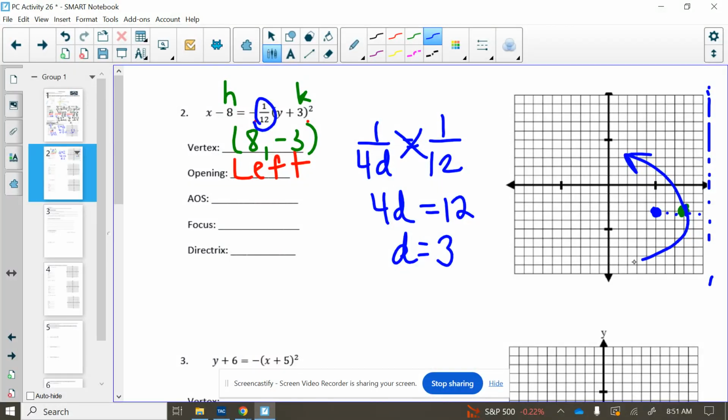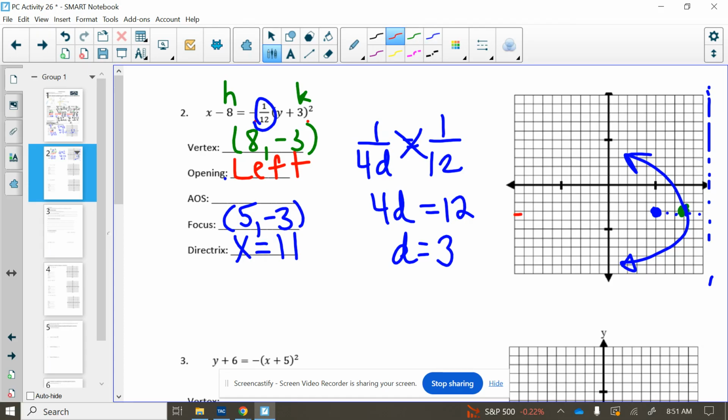And we always open towards that focus value. So our focus value again is to the left 3 units, so that is going to put our focus at (5, -3). Directrix this time is a vertical line 3 units to the right of (8, -3), so that would be through 11, a little off the graph.